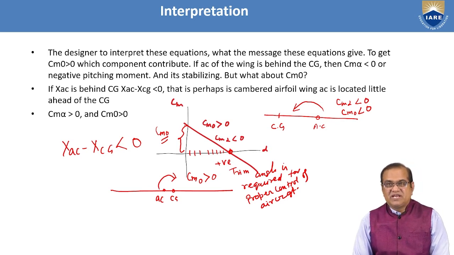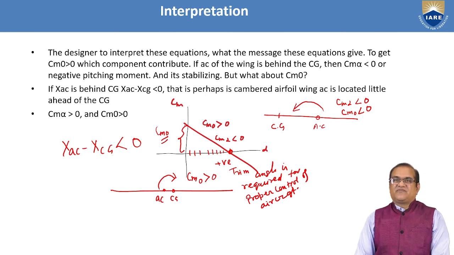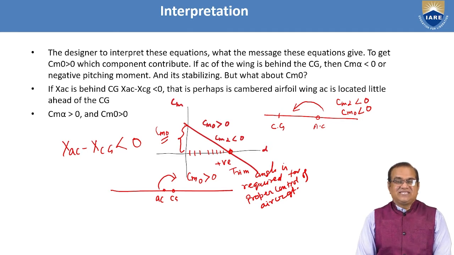If these things are happening, we can say that the aircraft is statically stable if CM naught is greater than 0 and CM alpha is less than 0, or the slope of the CM versus alpha curve, dCM d alpha, is negative.